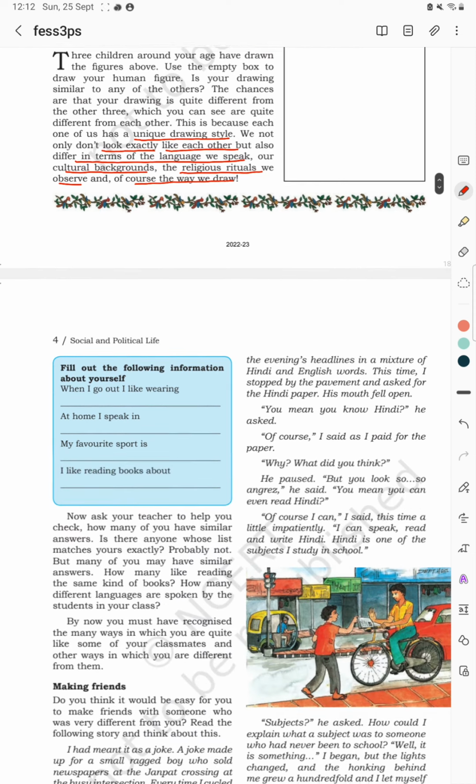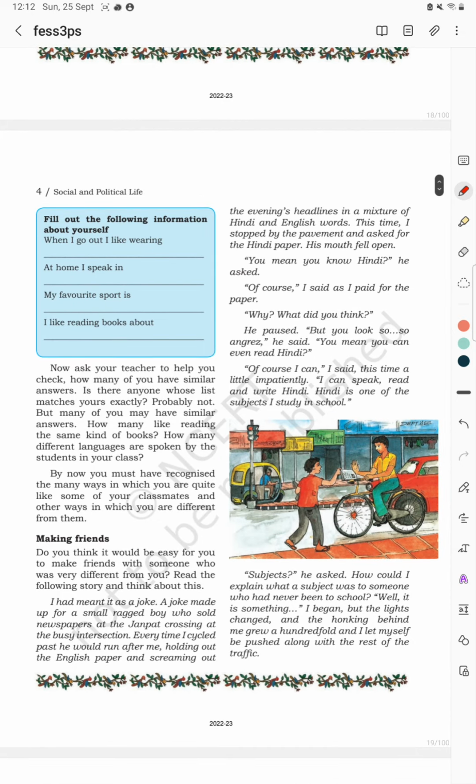Now there are some questions. If you ask a class of students to answer these four questions, what are those four questions? When I go out, I like wearing. At home, I speak in. My favorite sport is, and I like reading books about. If all the children in a class answer these questions, the chances are very less that your answer will match with the other students.